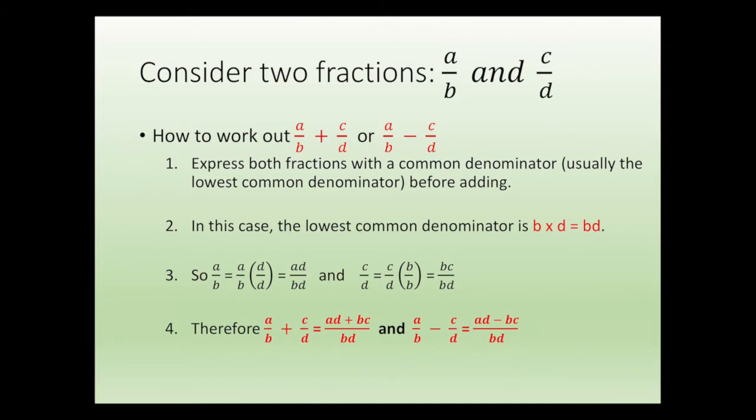So therefore, to convert a over b to a denominator of bd, we need to multiply a over b by d over d. Same with the case of c over d. If we want the denominator to be bd, we multiply c over d by b over b. Again, notice that these are actually 1.